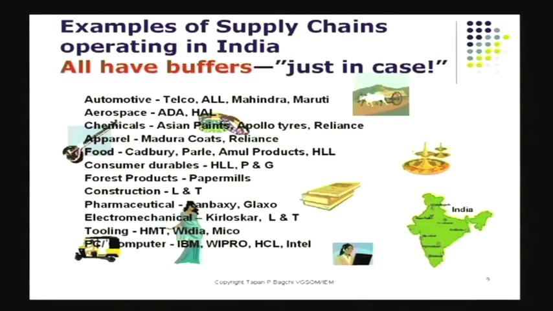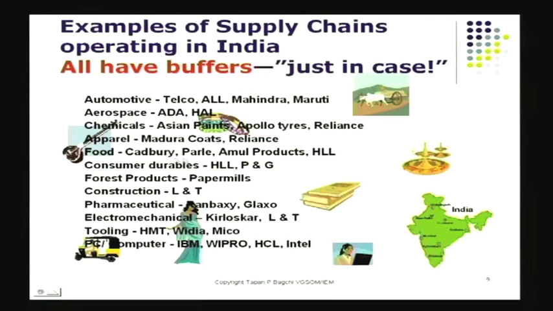These are some typical businesses in the country. For automotive, we've got the Telco company, we've got Mahindras, Marutis, General Motors and so on. They are engaged in the automotive sector there. They get a lot of their parts made by different people, some made even overseas, and they assemble them together. Aerospace industries, ADA, HAL and so on. Chemicals, we've got a lot of suppliers, a lot of final suppliers. For clothing, apparels, we've got various suppliers, various people in business.